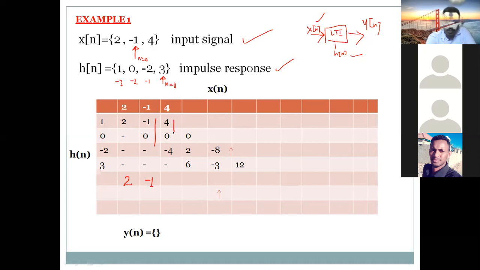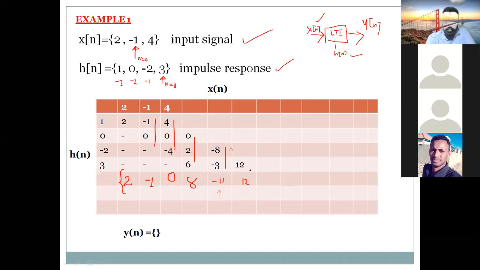Next, 4 plus 0 plus -4, the summation will be 0. Next, we have 0, 2, 6. When you add it, it becomes 8. Next, -8 minus 3, we have -11. Finally, we have 12. Okay, that is our output.